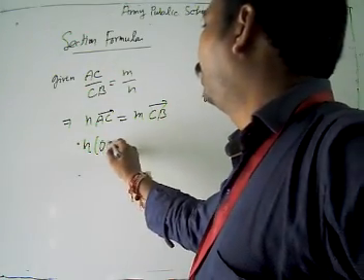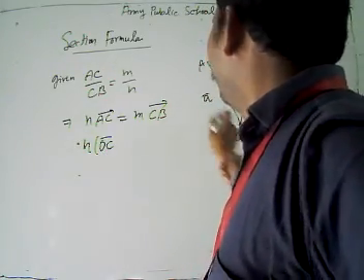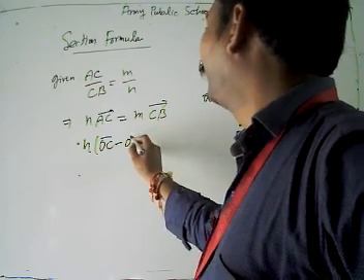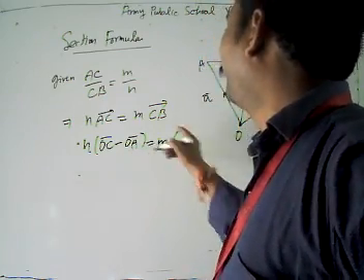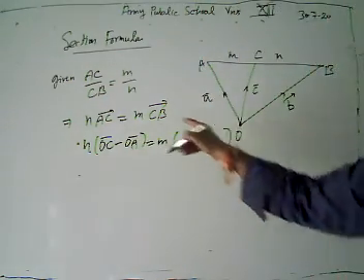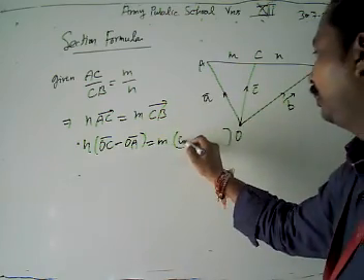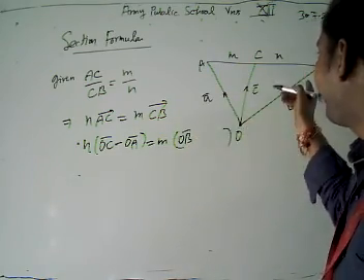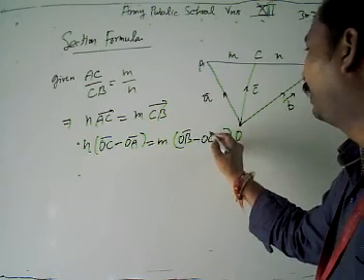Vector AC is written as OC minus OA. Similarly, vector CB is vector OB minus vector OC.